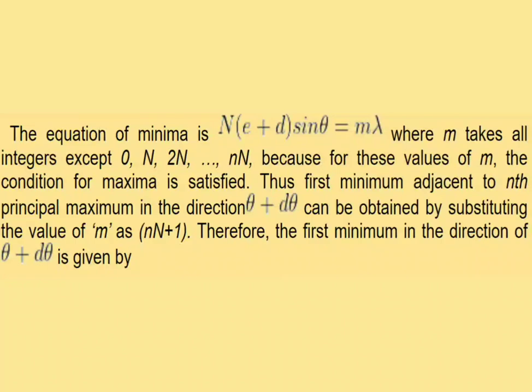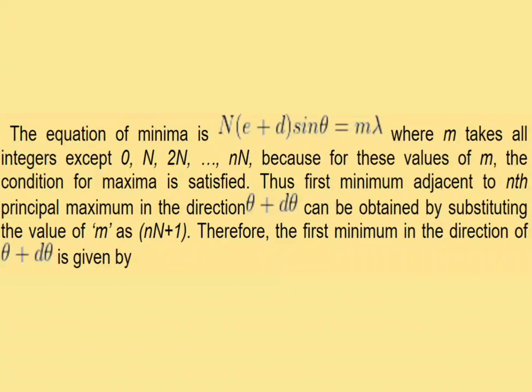Here m takes all integers 1, 2, 3 and so on, except 0, N, 2N, because these values of m give the condition for the order of principal maxima.